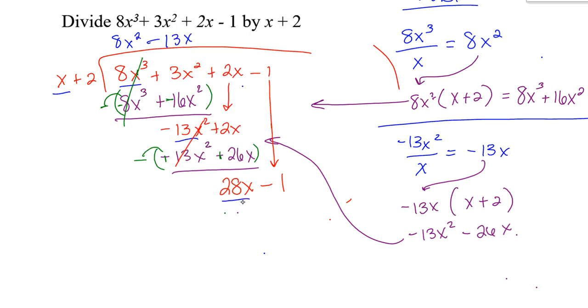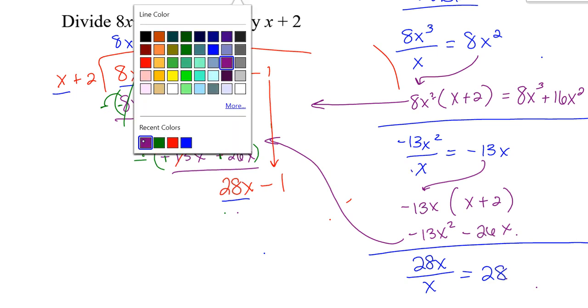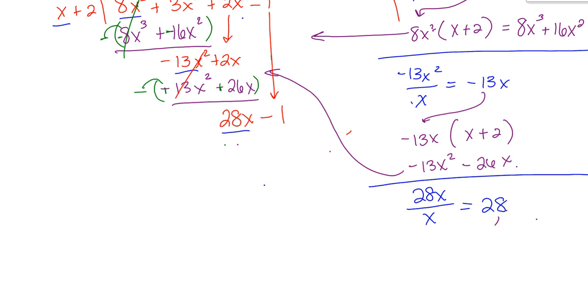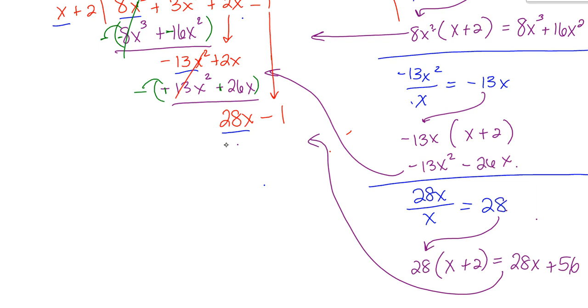First term is now 28x. So 28x divided by the first term on the outside, that is 28. It's positive, so we'll go plus 28 up top. Okay, next step, multiply that 28 by the stuff on the outside. 28x plus 56, it's going to go down here below.